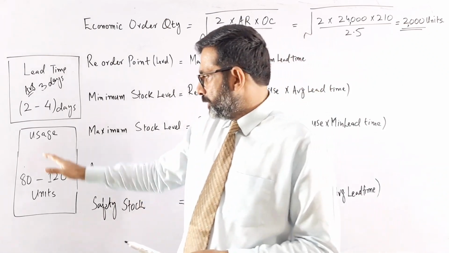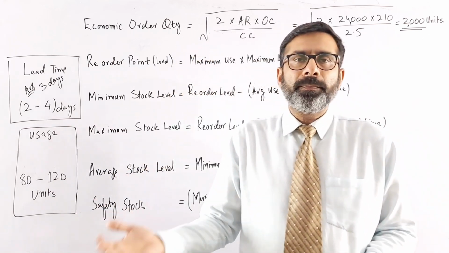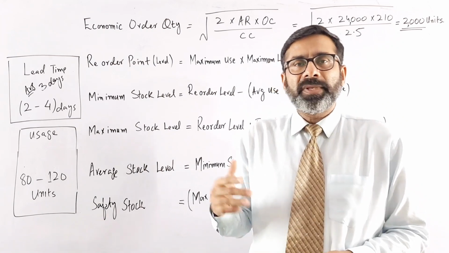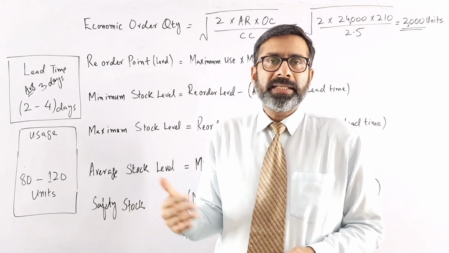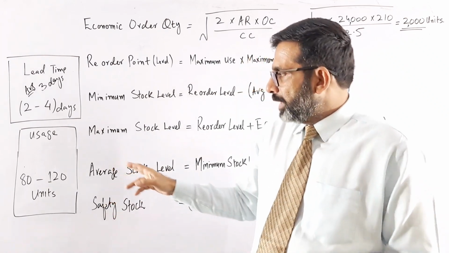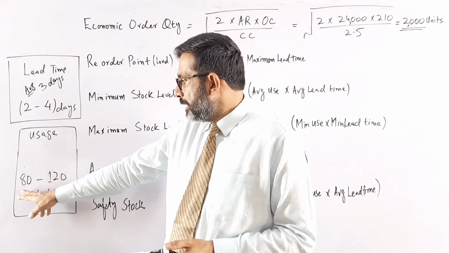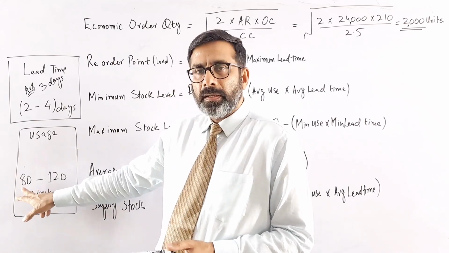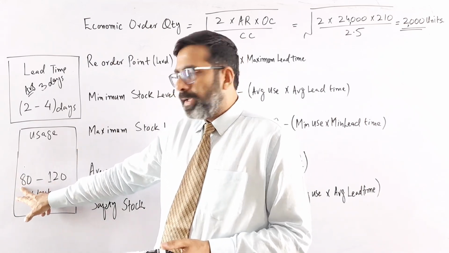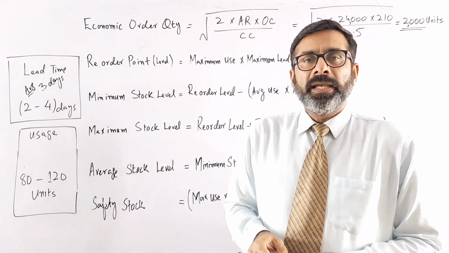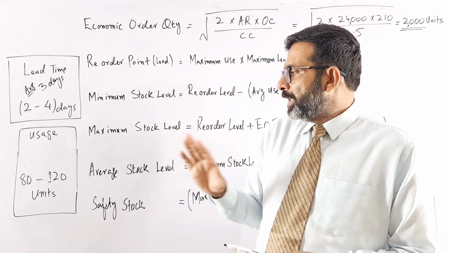Now the usage. Obviously, if the business is purchasing goods, why are they purchasing? They want to use them. Sometimes there is more demand, sometimes less demand. Accordingly, the usage will vary. So we are assuming a daily usage of 80 to 120 units. 80 is the minimum level: if the orders are less, if there are fewer customers, they use a minimum of 80 units.